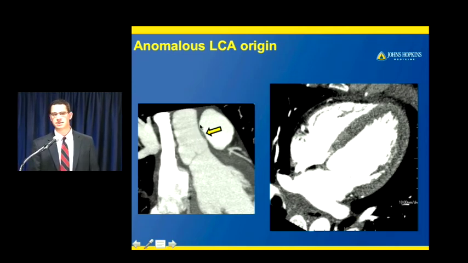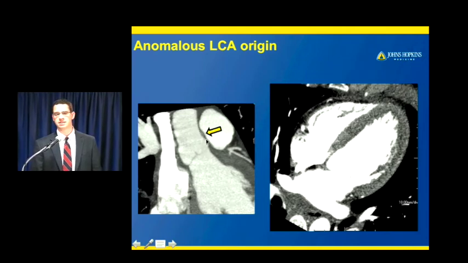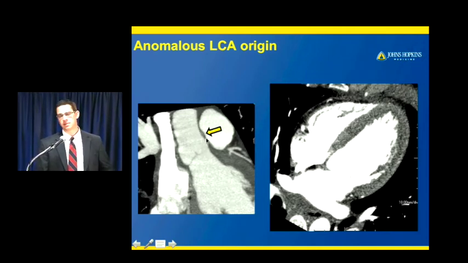Most people think that is associated with an intramural course. If you see that, it usually means that's the portion of the coronary artery within the wall of the aorta, and that would facilitate this unroofing procedure.